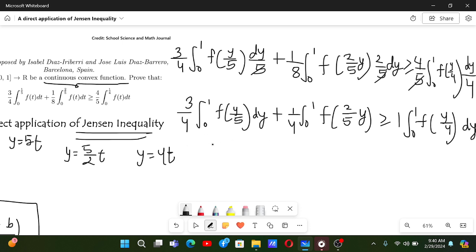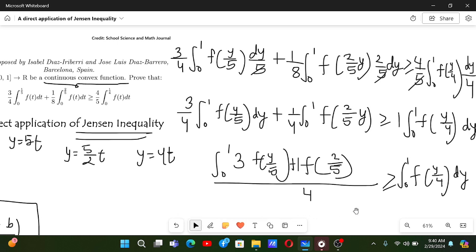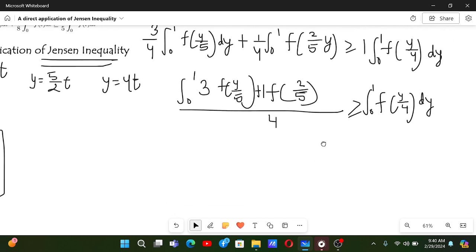Now I can write this as integral from 0 to 1 of (3 f of y by 5 plus 1 f of 2y by 5) by 4 dy, greater than or equal to integral from 0 to 1 of f of y by 4 dy. Okay, so now next what can we do?